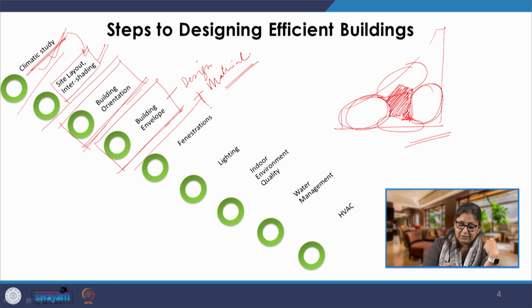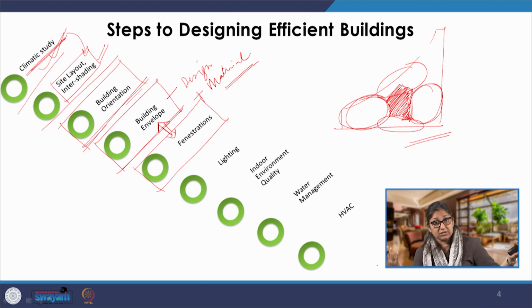Then we look at the fenestrations. This is just an extension to the building envelope, because fenestrations are closely connected with the envelope. So, which orientation do we want fenestrations on? Do we want it on north or south or east or west? We have to look at the orientation of the fenestration, the materials we are going to use for the fenestrations, and how much fenestration should be provided.